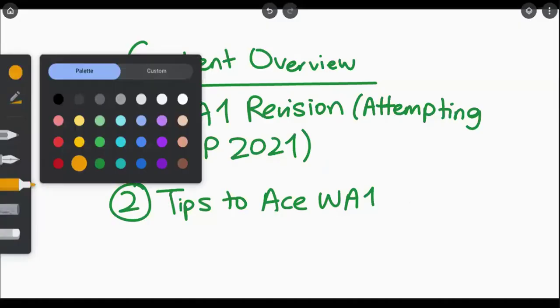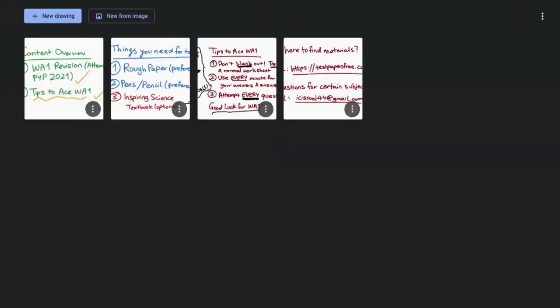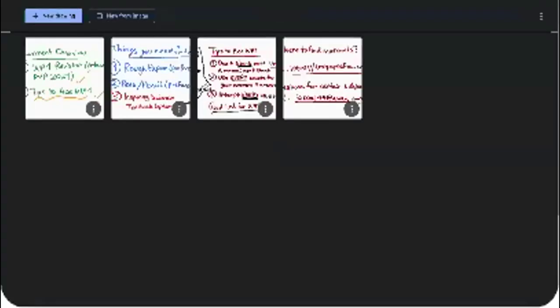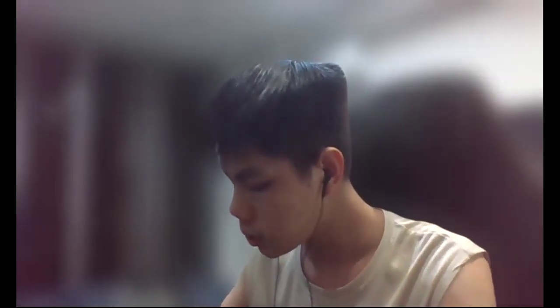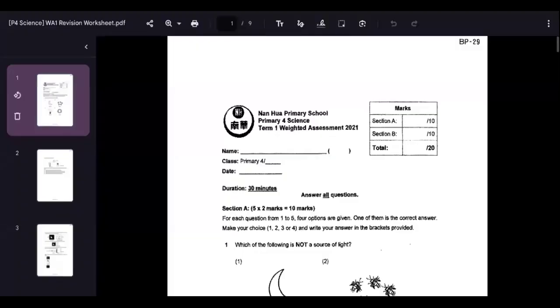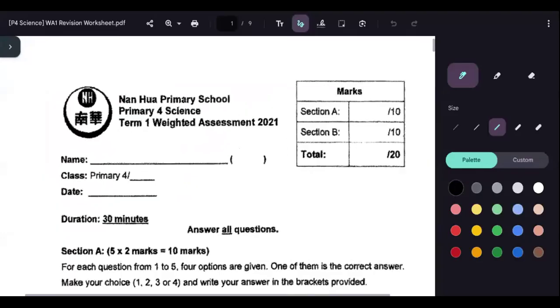I hope to go through this as fast as I can, and I'll give you some tips on how to ace your WA. Okay, can? So after my short introduction and all my yapping, y'all can see this, which is what I'm going to flash. From now on, you will only see this.